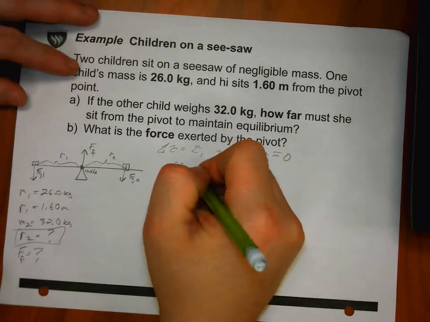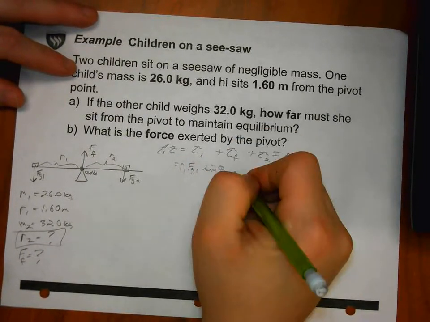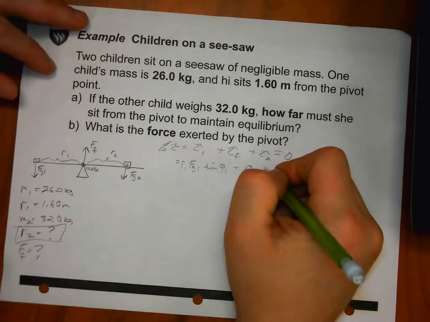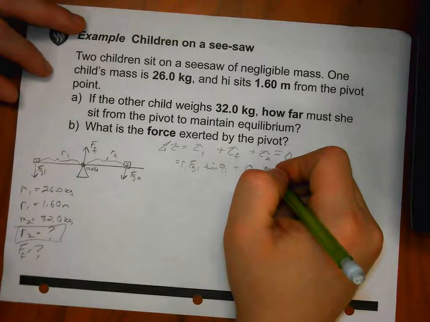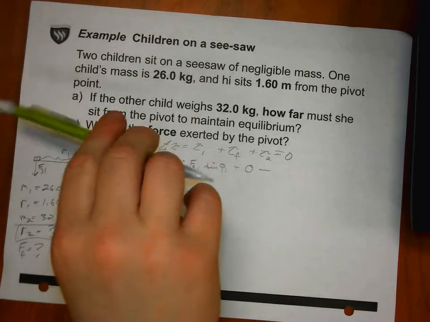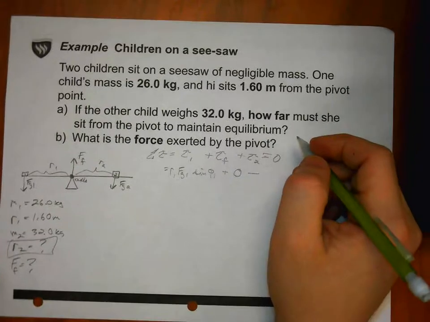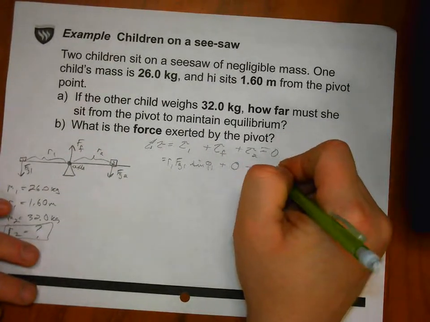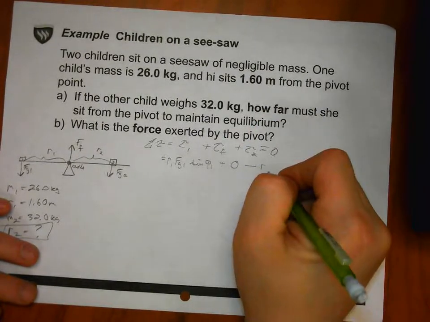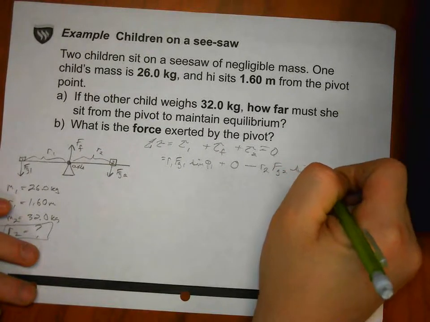So torque 1 is R1 Fg1 sine of phi1 plus 0 because R for the fulcrum is 0. And minus, and that's minus because this tends to induce a clockwise rotation from this force here. So let's say minus R2 Fg2 sine of phi2.